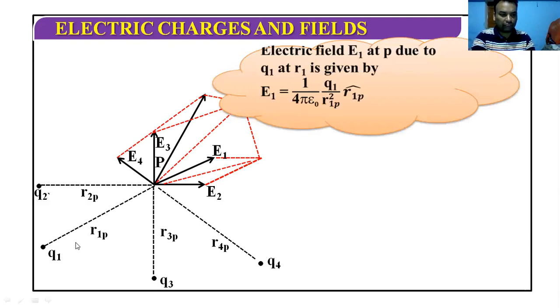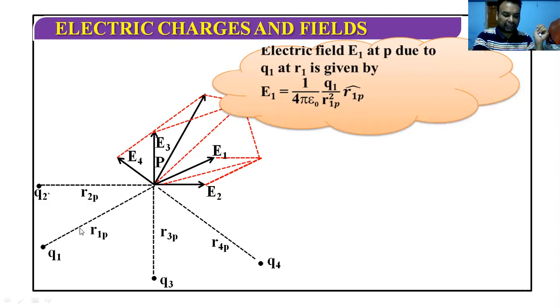First we will find E1, then E2, E3 and E4, and then we will add all of them by the principle of superposition. We know how to find E1. E1 is equal to 1 upon 4 pi epsilon naught, q1 upon r1P square, into the r1P unit vector. This unit vector will give the direction of the field.